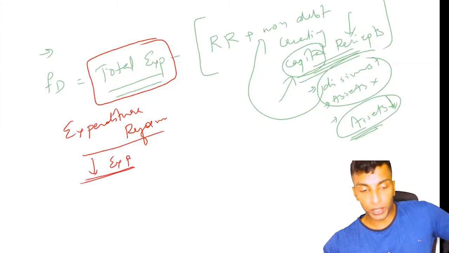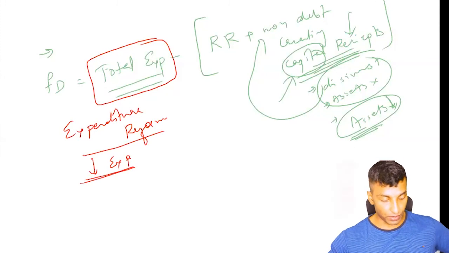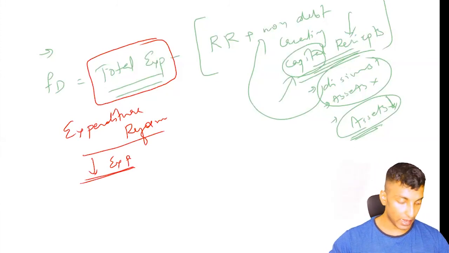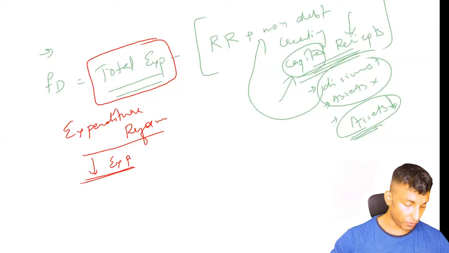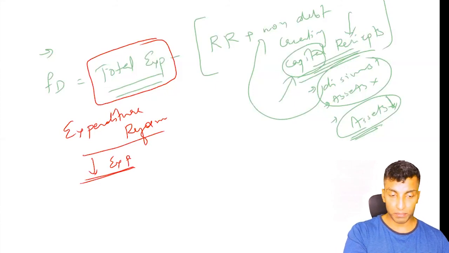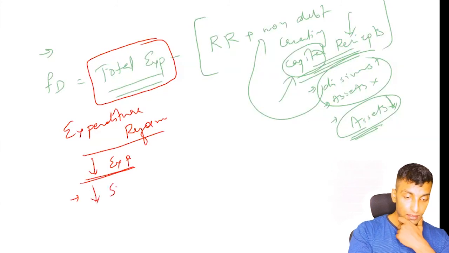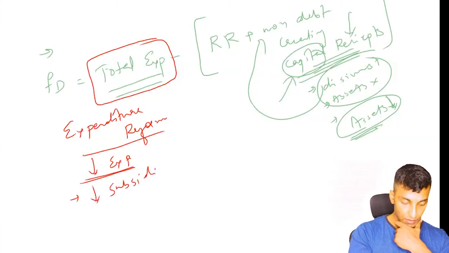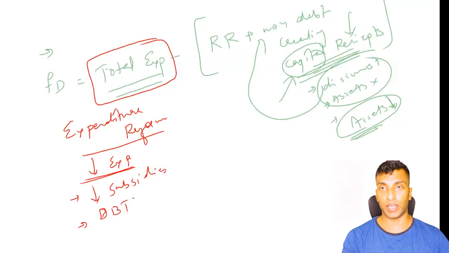So what measures can you take to reduce the expenditure? We have seen different expenditures, mainly revenue expenditure. So what all things will you write here? Mainly decrease the subsidies. Then you give in terms of DBT, direct benefit transfer, so that you can avoid the leakages.